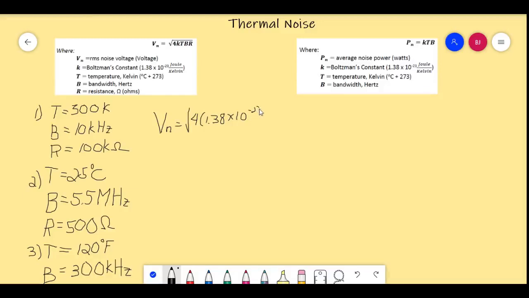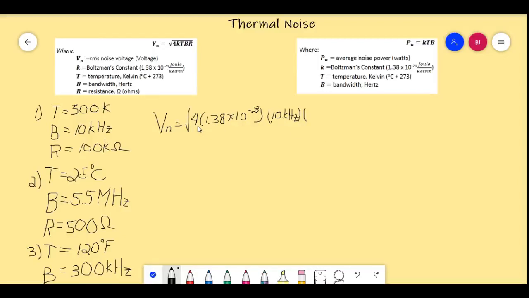Don't need to put in the units, as we just need a unit for our final answer. Then the bandwidth, which is 10 kilohertz. I have to put the kilohertz here as it has a prefix. Putting in just 10 would make our solution and the answer incorrect. And a resistance of 100 kilo ohms.